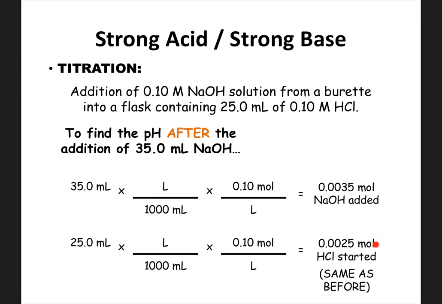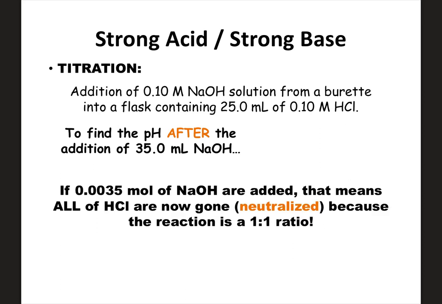Essentially, all of this acid is going to be destroyed. Once you reach the equivalence point, your acid is gone, and now you've added extra NaOH. Since we added 0.0035 moles of NaOH, that means all the HCl is gone. We've added enough to completely neutralize all of that starting HCl because of the 1-to-1 ratio in the reaction.